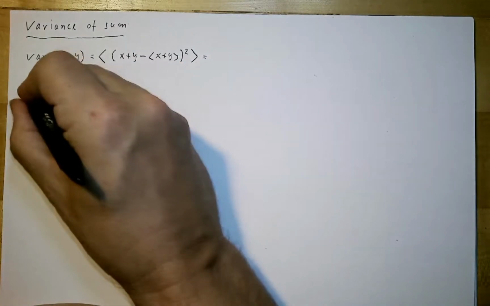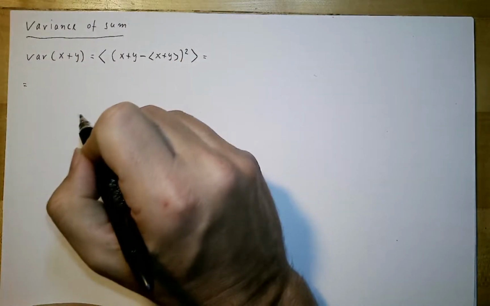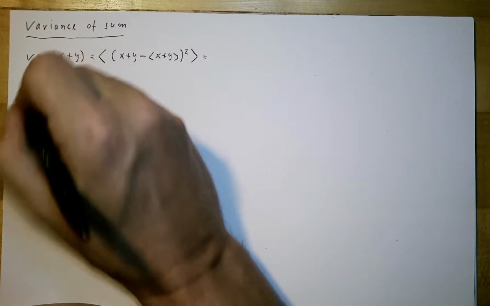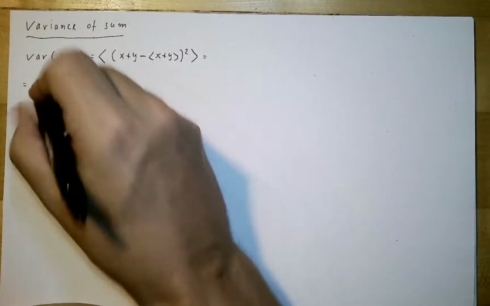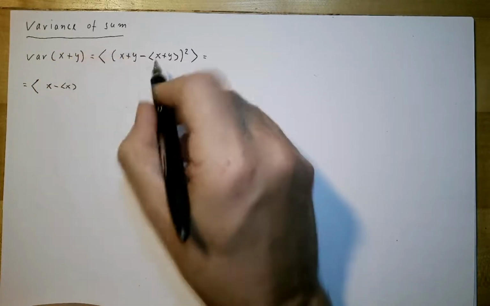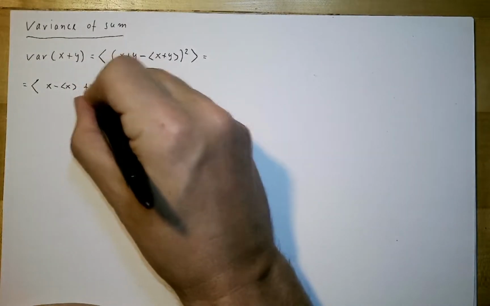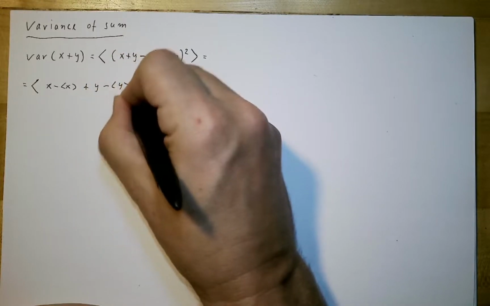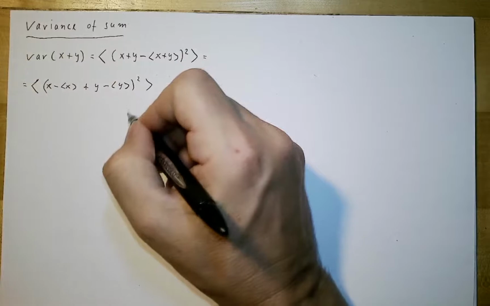And if you now work this out, then you see that we can write this as the expectation value of, so here x minus the expectation value of x, because the expectation of a sum is the sum of expectation values, and then we have plus y minus the expectation value of y, and this still needs to be squared and the expectation value.